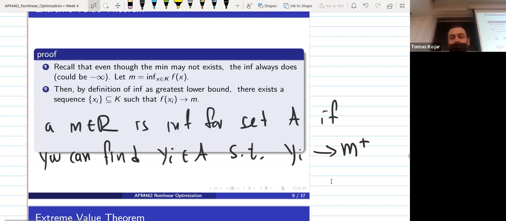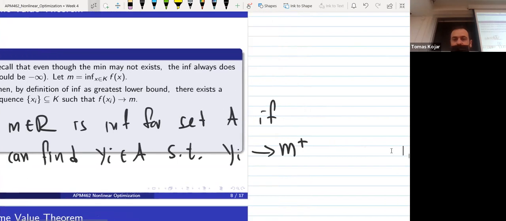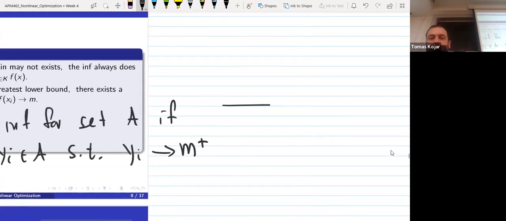Okay, so the picture you should have in mind is you're on the real line. This is M, this is A, and then you have a bunch of points clustering to it.